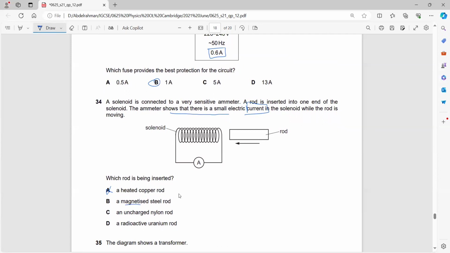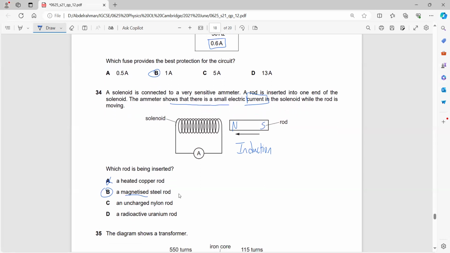Yes. You need to insert a magnet with two different poles, north and south, into the solenoid so that through electromagnetic induction, current will be induced in the solenoid.